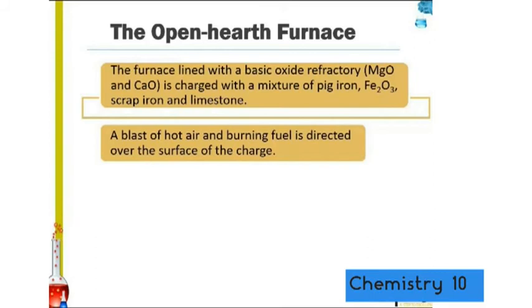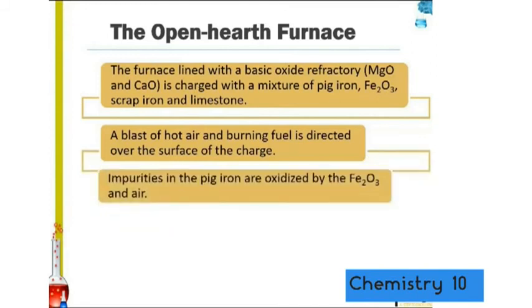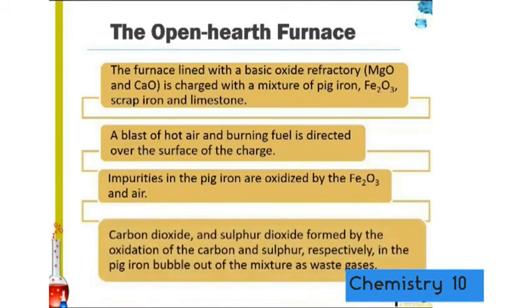A blast of hot air and burning fuel is directed over the surface of the charge. Impurities in the pig iron are oxidized by the iron oxide and the air. Carbon dioxide and sulfur dioxide, formed by the oxidation of the carbon and sulfur respectively, bubble out of the mixture as waste gases.